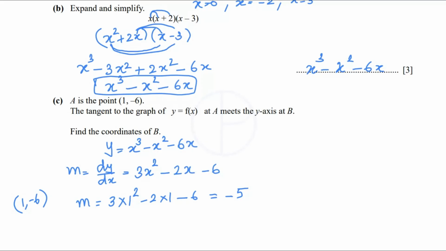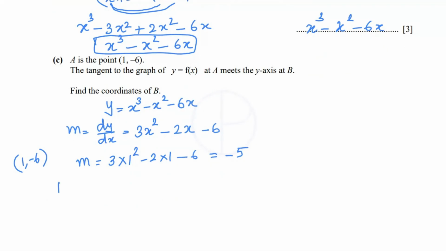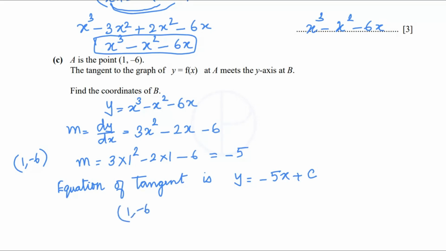Now the equation of the tangent is y is equal to minus 5x plus c. To find the value of c, substitute the point 1 comma negative 6.